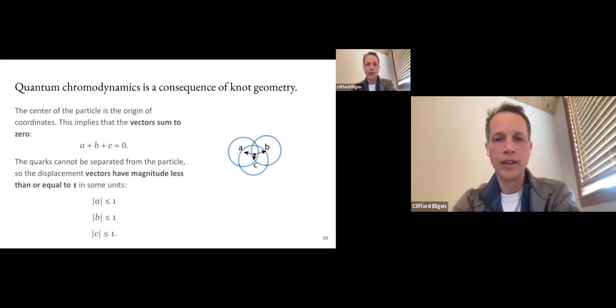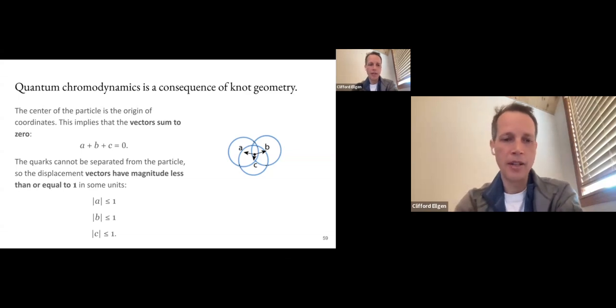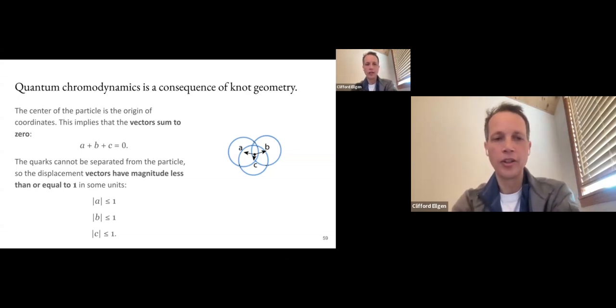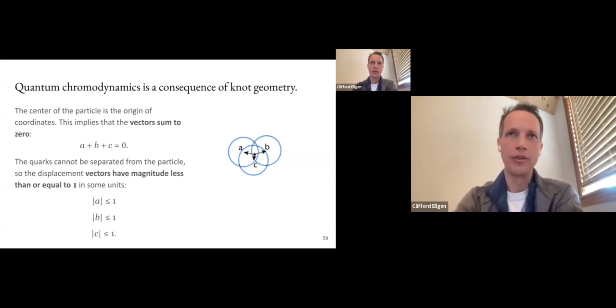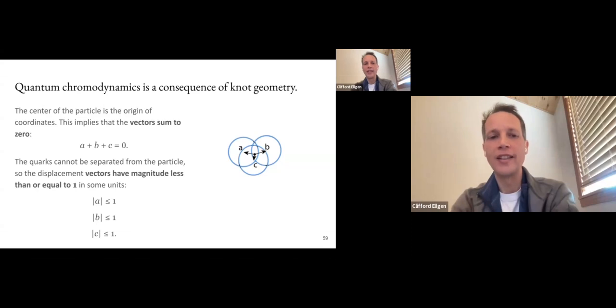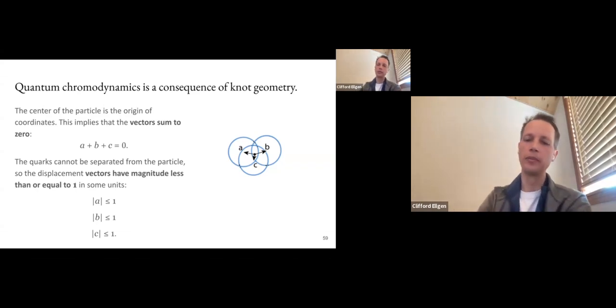And so to say that there's a limit to how far these quarks can be separated from the center, we say that there's a limit to the magnitude of these displacement vectors. And so vectors A, B, and C all have magnitude less than or equal to 1 in some units. Exactly how far do they go from the center? We're going to neglect that in terms of meters or whatever it is. We'll just say in some units, the magnitude of these vectors must be less than or equal to 1.